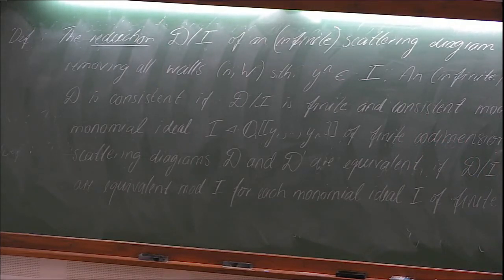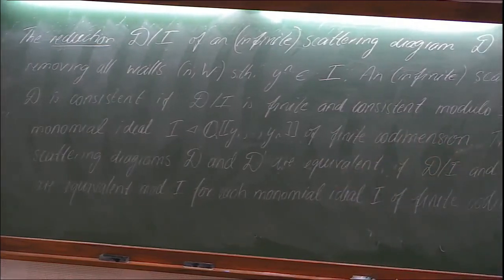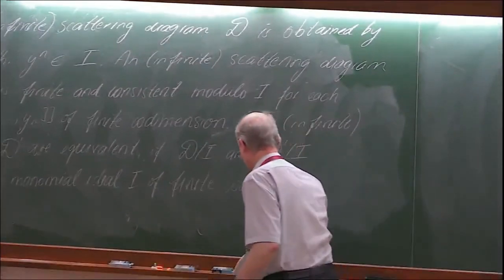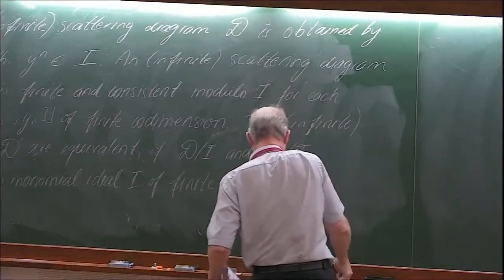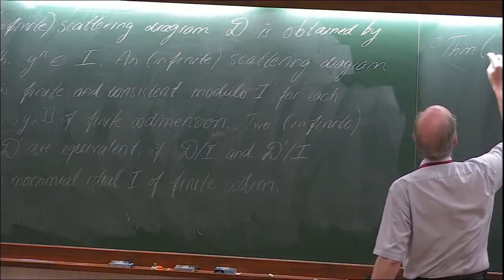Okay, and the main theorem on scattering diagrams is existence and uniqueness for each given finite quiver without loops and two cycles. Well, this is a theorem with a long history.